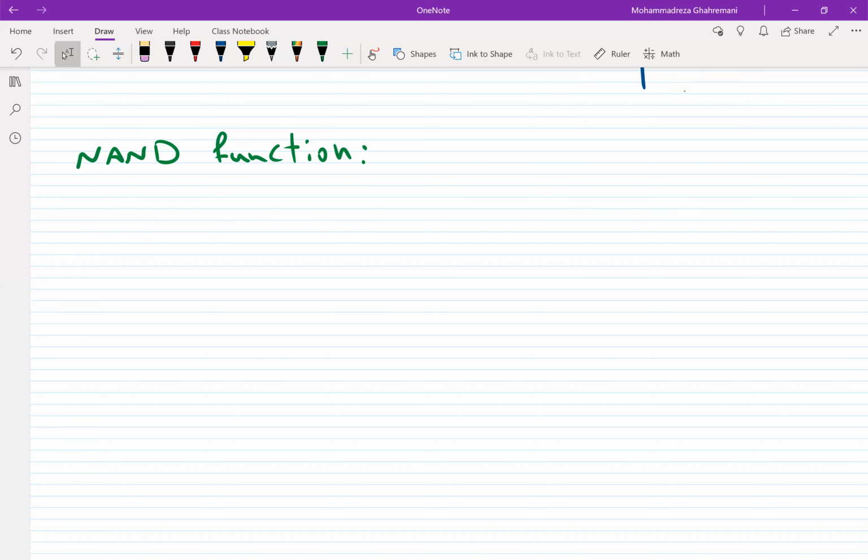So NAND function is same as AND function with the output inverted. And we show it in this way: f of a and b for NAND function is AB, which is AND, and inverted.